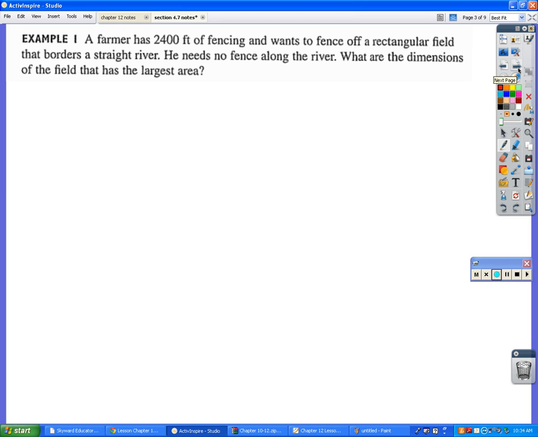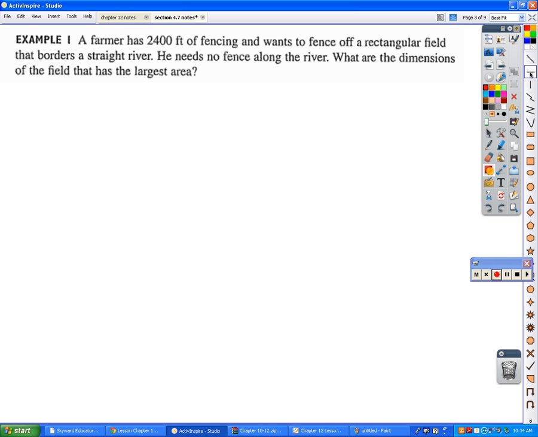So here we go. Example number 1. A farmer has 2,400 feet of fencing and wants to fence off a rectangular field that borders a straight river. Every river is straight. He needs no fence along the river. What are the dimensions of the field that has the largest area?